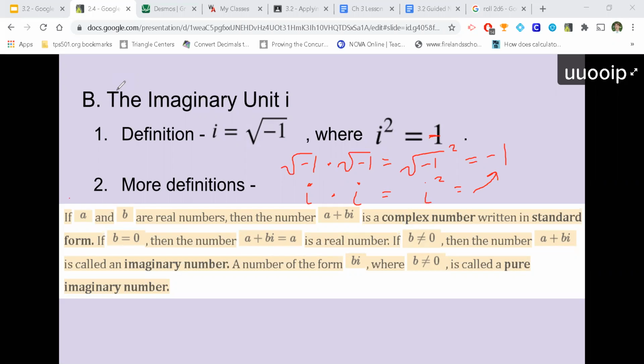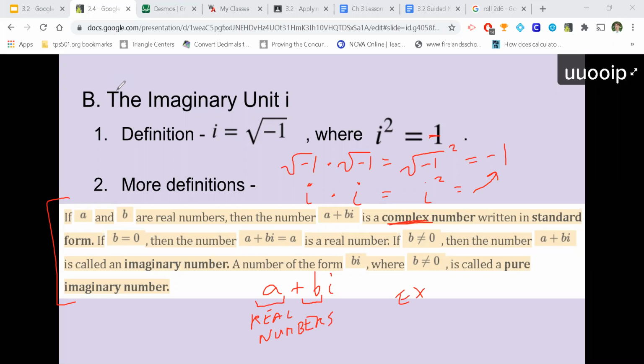All right, for this second part, you do not need to write down all of these things. All this paragraph is telling you is that we can now write numbers in complex form a + bi, where a and b are real numbers. The first part we say is the real part. The second part we say is the imaginary part.